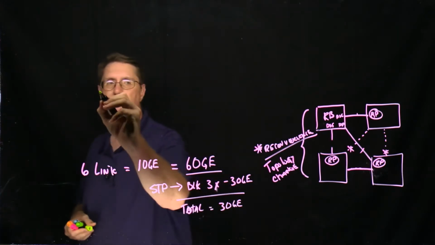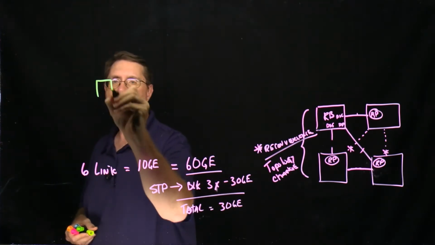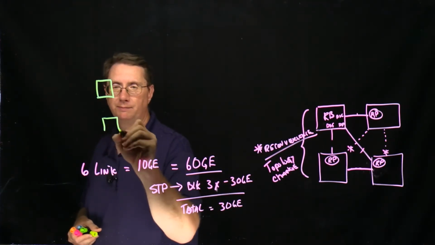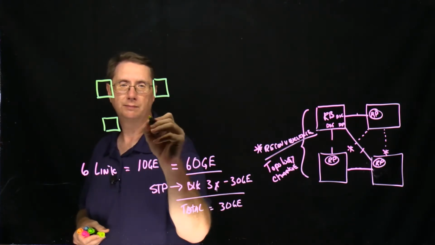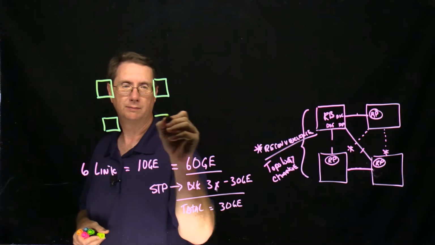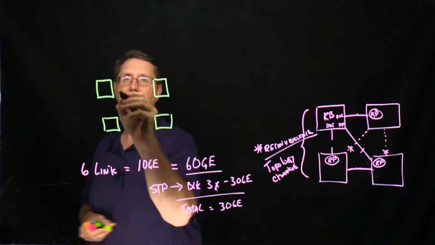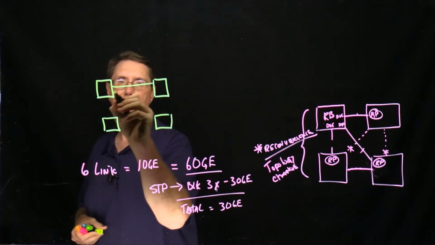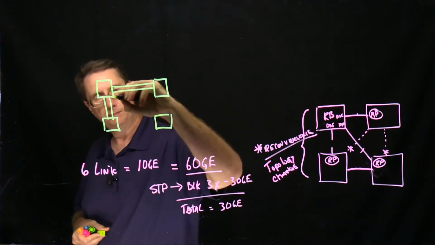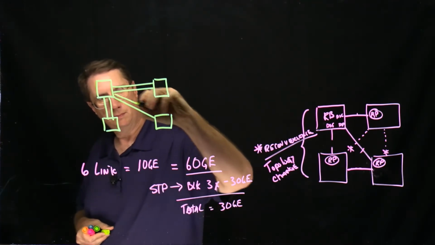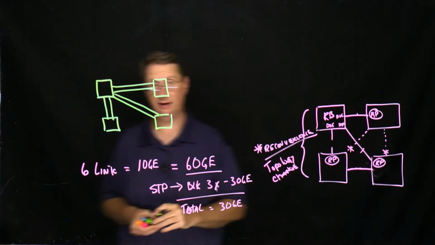So as an example, let's say that I have a topology like so. And let's say we're dual connected like this. So I have 2 10 gigabit connections.